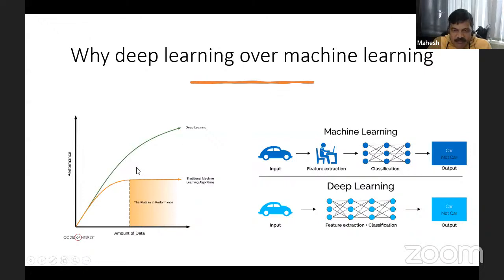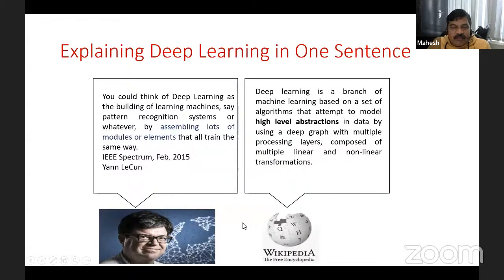Beyond that, we cannot improve. But in deep learning, as data increases, performance increases. A lot of data we can process as a part of the training phase, and then the model learns. So here we require data, and a variety of variations in the data. We'll see those things later on.